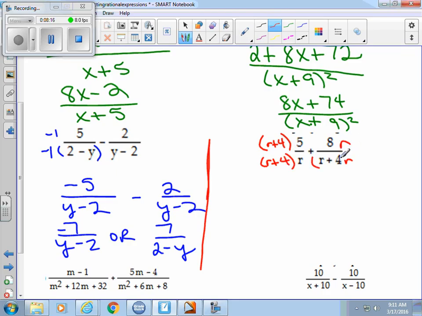They look kind of like they do because they both have r's, but remember, those are different numbers. So I get 5r plus 20 plus 8r all over r times r plus 4, which is the common denominator.